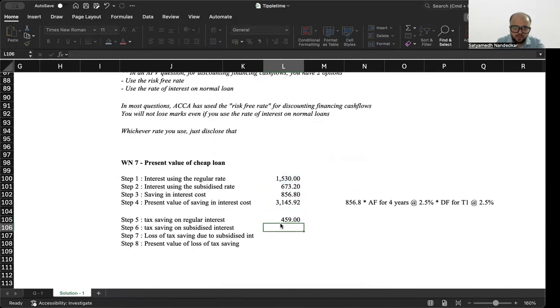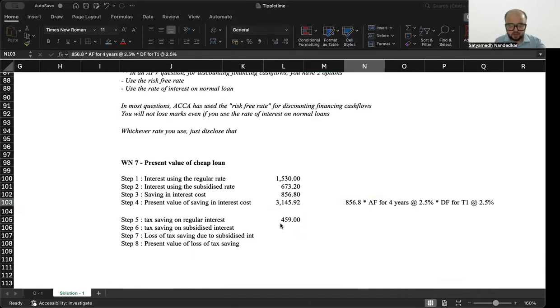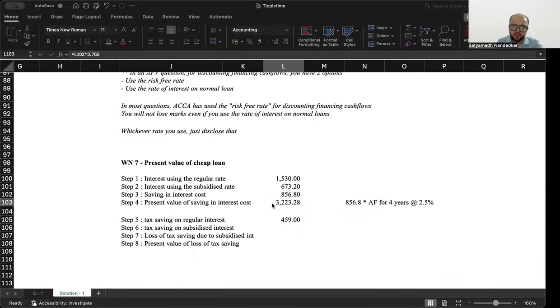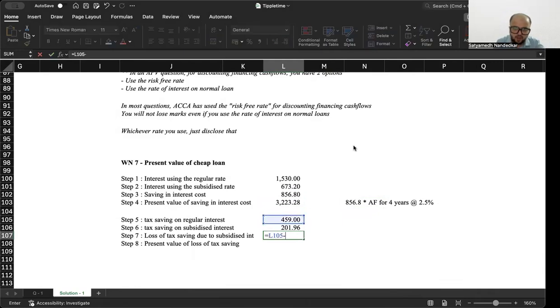This into 30%. Present value of saving in interest cost. You don't need to multiply this because this is happening T1 to T4. My mistake. You don't need to multiply it by this. 3223.28.